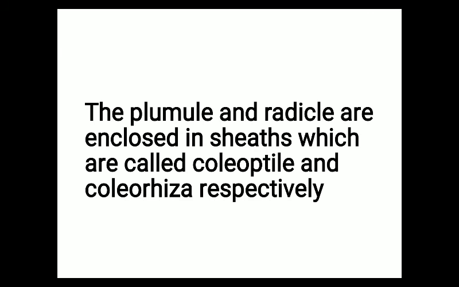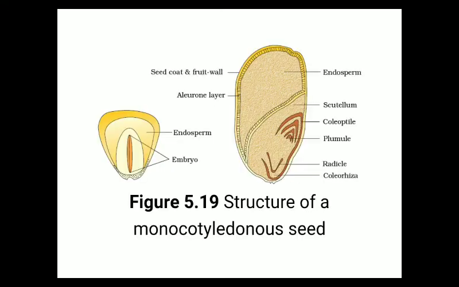The plumule and radicle are enclosed in a sheath which are called coleoptile and coleorhiza respectively. In this diagram you can see the embryonal axis having the two ends, radicle and plumule. These radicle and plumule remain surrounded by a sheath-like structure, known as coleoptile and coleorhiza respectively.